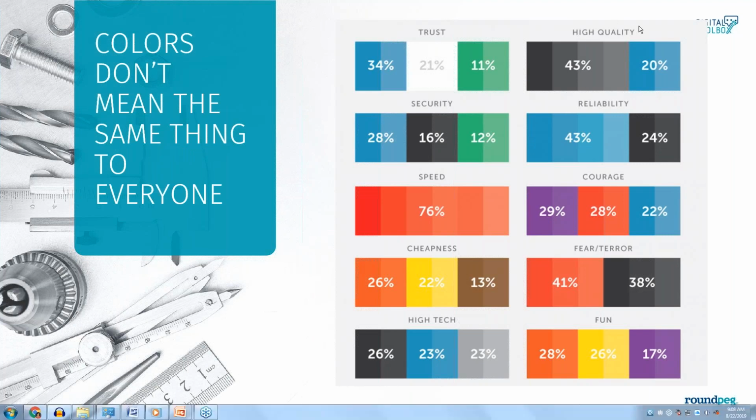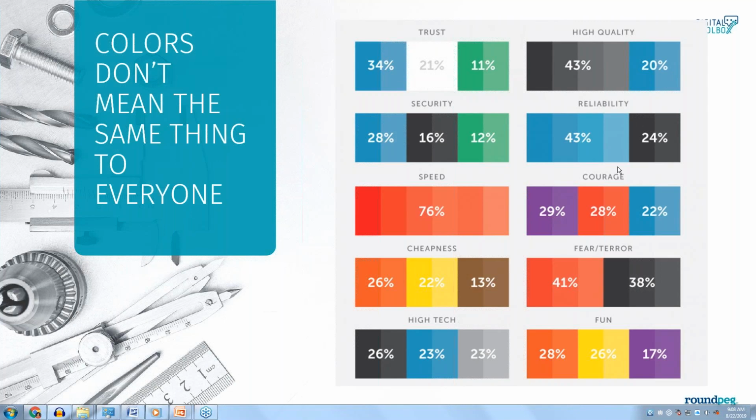Depending on the age and the gender of your audience, when asked to tell them the colors that they think most likely reflect that word, trust: blue, green, and white. What you don't see is anything on the red and orange spectrum. So if you're trying to build authority and credibility, stay in the blues and greens.